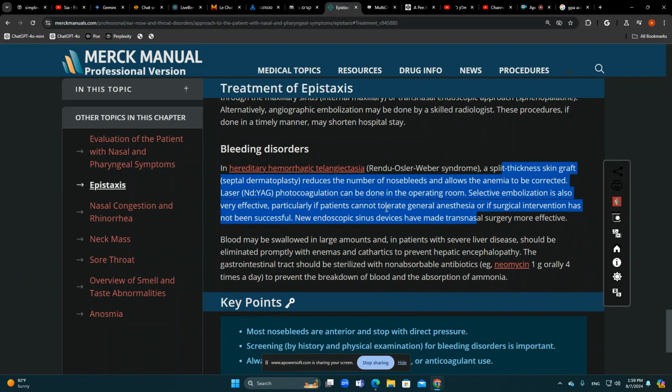Okay, note that when blood is swallowed into the stomach, it can cause irritation and vomiting of blood in these patients. Also, swallowed blood can be digested, and there is a lot of protein in it. When the protein is digested, it can cause ammonia production, and in patients with liver disease this ammonia can get to the brain and cause encephalopathy because it won't be removed by the liver.